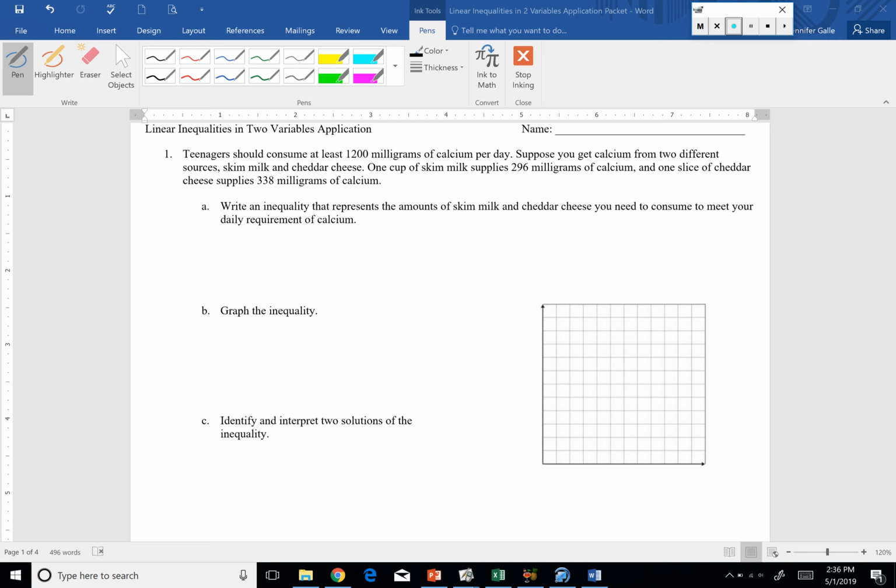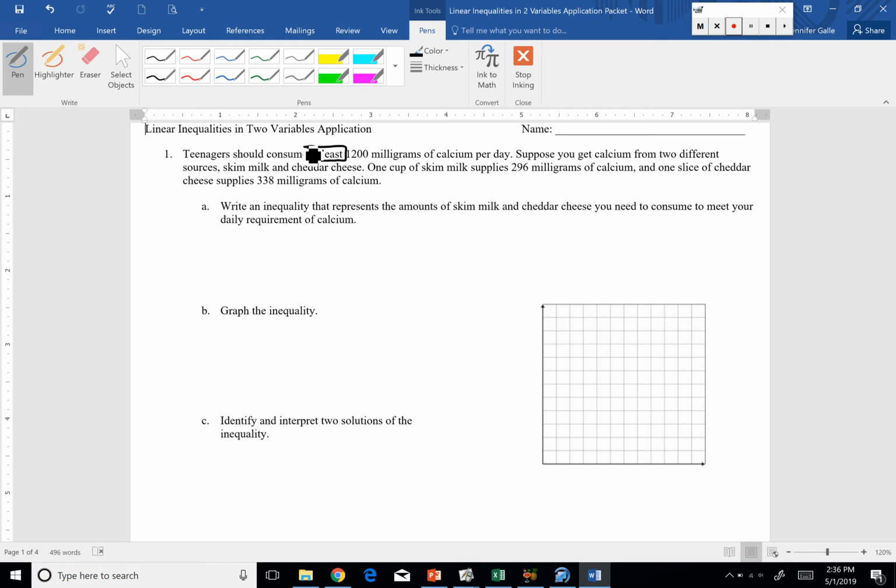What phrase in this opening question, before I move on to anything else, is going to indicate to us that this is going to be an inequality without my having to tell you it's going to be one? What little phrase? What do you think? At least, yeah. That little phrase, at least, is telling me this is going to be an inequality.